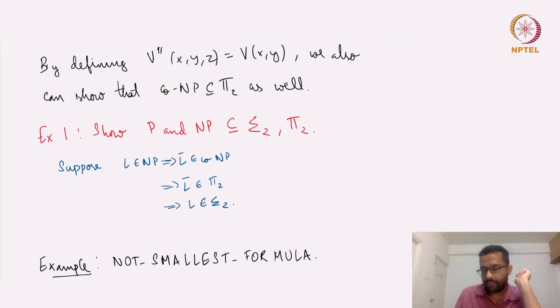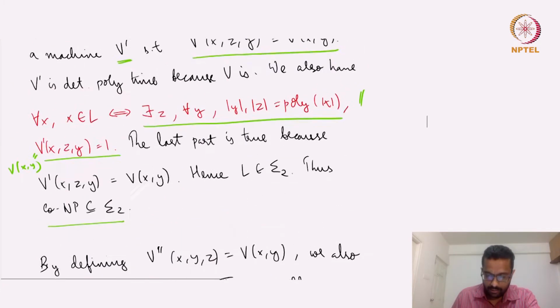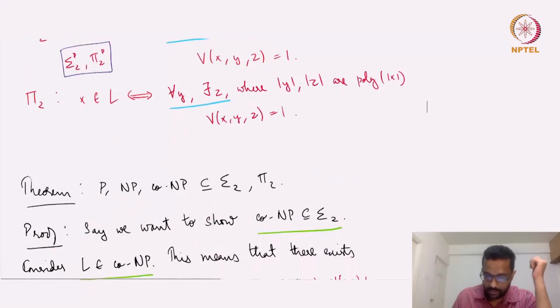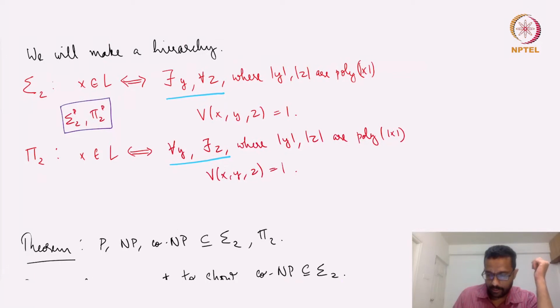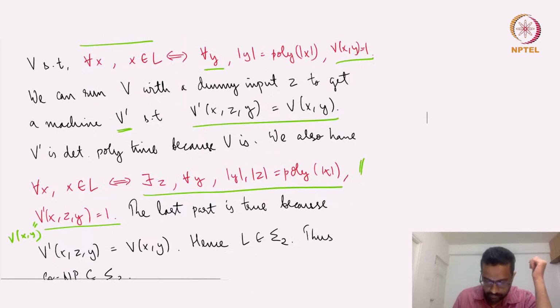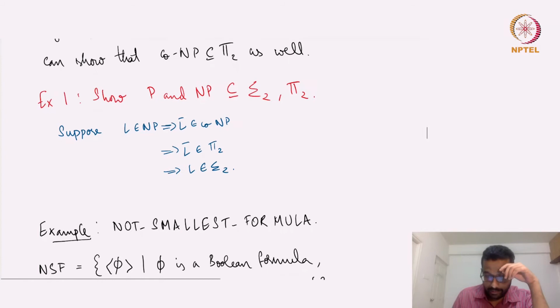Again, this is something that we will see soon: a language is in sigma2 if and only if the complement is in pi2, and a language is in pi2 if and only if its complement is in sigma2. This should not be that difficult to see given the way these languages are characterized. So L complement is in pi2 if and only if L is in sigma2. So this means NP is contained in sigma2.